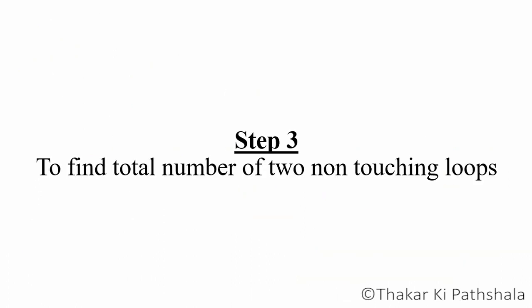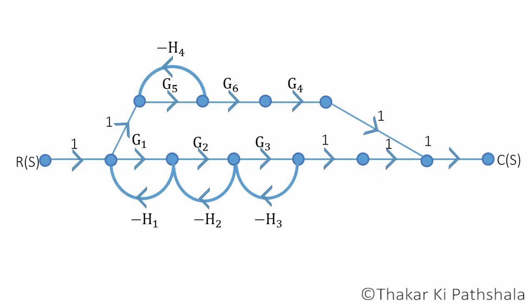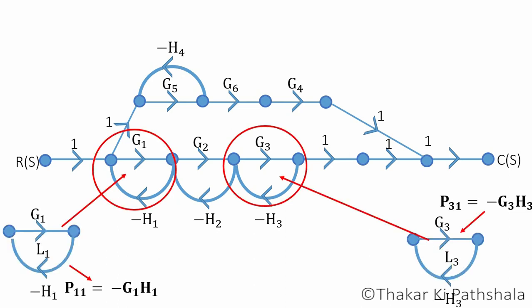Let's look at step number 3, which is to find out the total number of two non-touching loops. Non-touching loops means loops that are not touching each other in any manner. By looking at the diagram, loops L1 and L3 are not touching each other. As we have done previously, we will also find the gain of two non-touching loops and name it as P12.